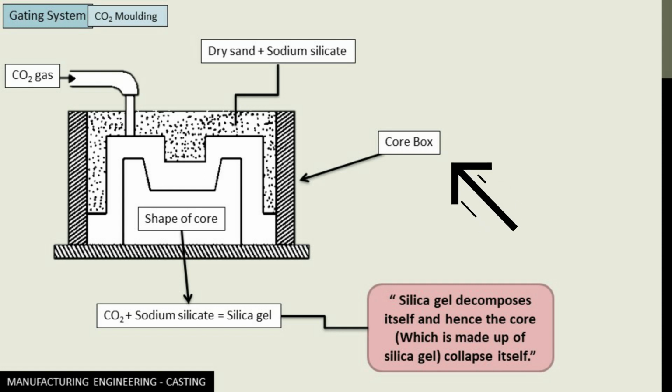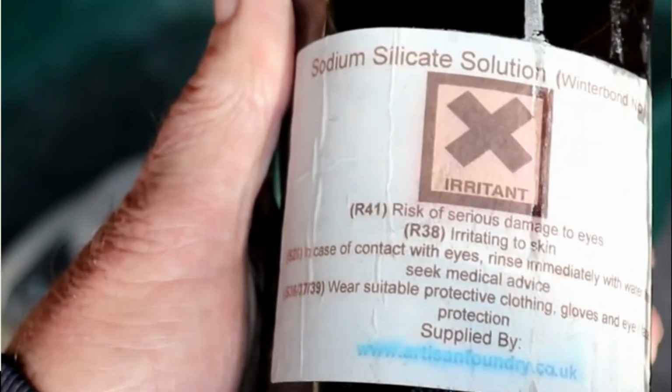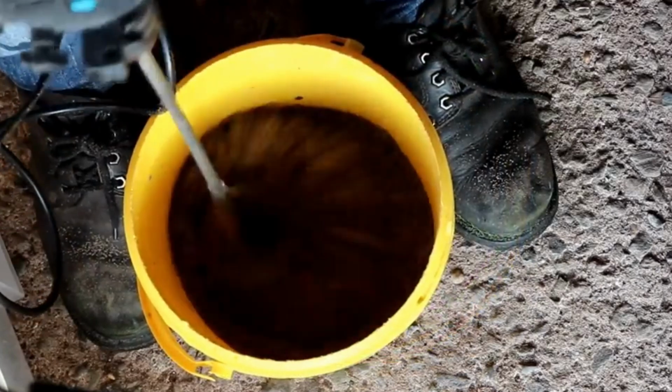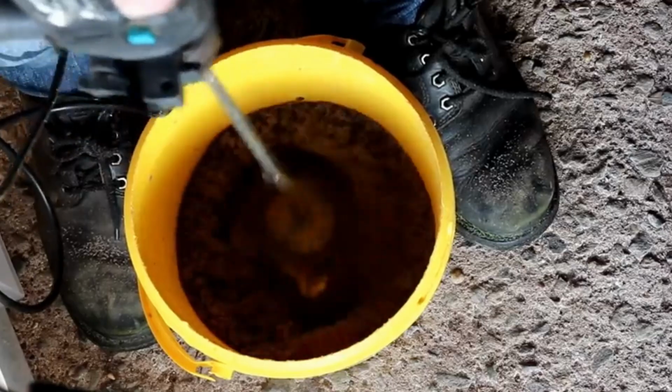This core box is where the core is going to be prepared. When the dry sand is filled inside the core box, we also have sodium silicate along with the dry sand. So a mixture of dry sand and sodium silicate is inside the core box.